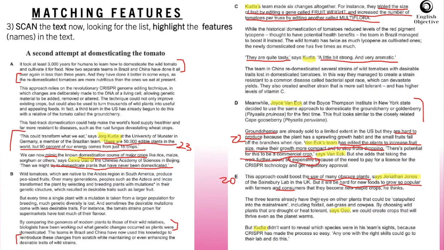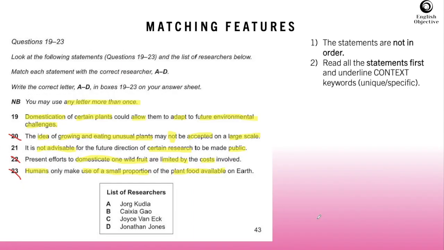Let's see if we have something else about Gao. 3 teams already have their eye on other plants that could be domesticated, choosing plants that, says Gao, we could create crops that will thrive even as the planet warms, so because of climate change.